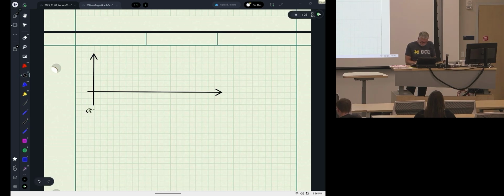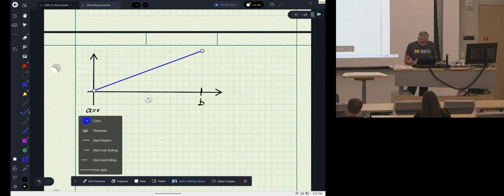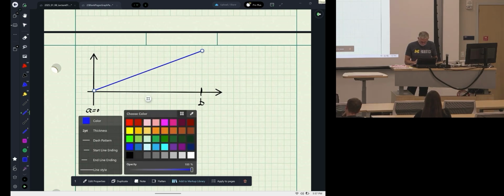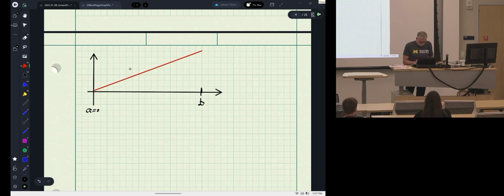So I'm going to label this A equals 0, and some point out here, B. So we're going to get area from A to B. Make that nice bright red. So this is just y equals x. The slope doesn't look like 1 because it's not drawn to scale, okay? Give me a break, okay?